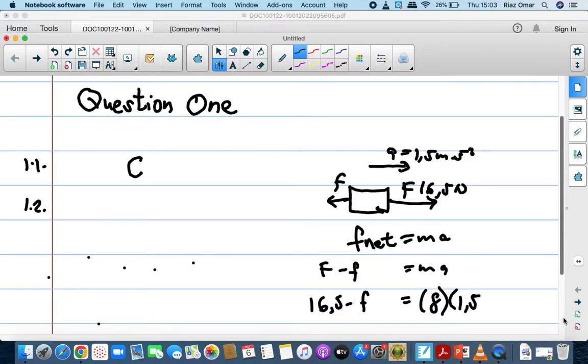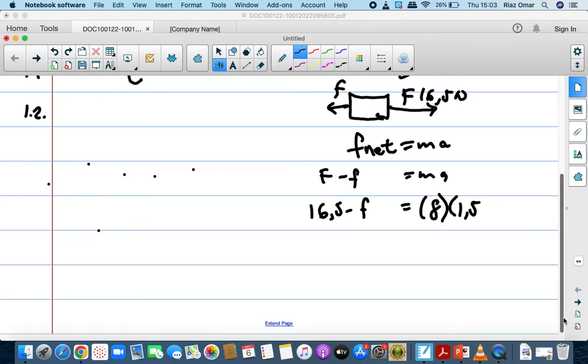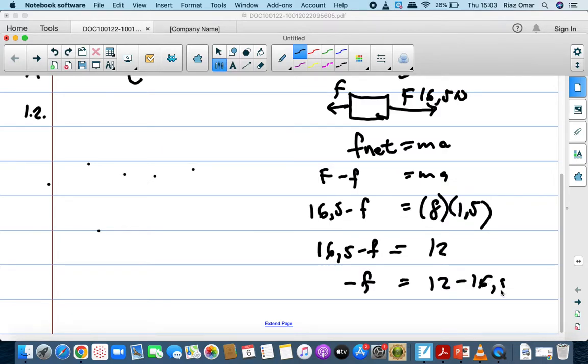Then if we work this out, we've got 16.5 minus f is equal to 8 times 1.5, which is 12. And then minus f will be equal to 12 minus 16.5. And then minus f will be equal to minus 4.5. And then if we work out f, we take it further, f will be 4.5.